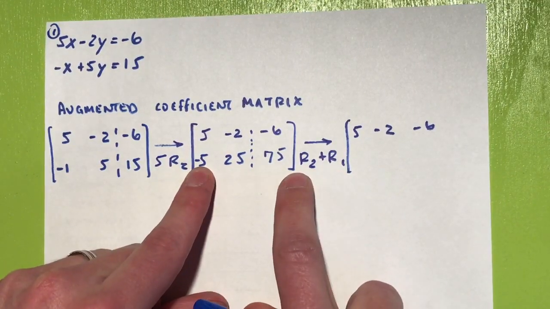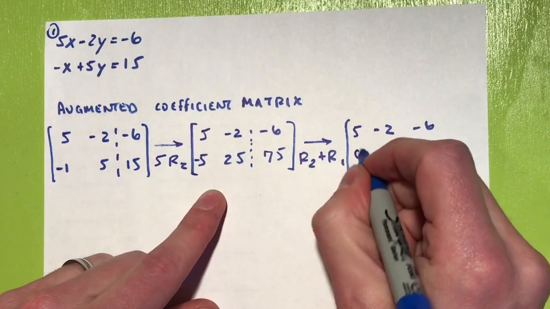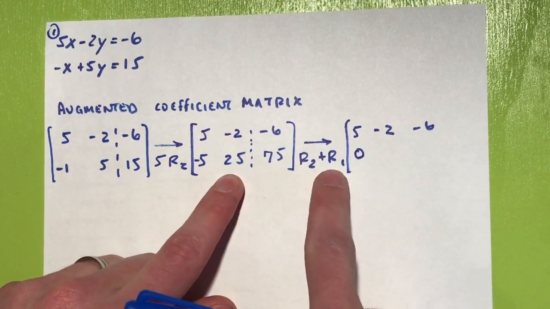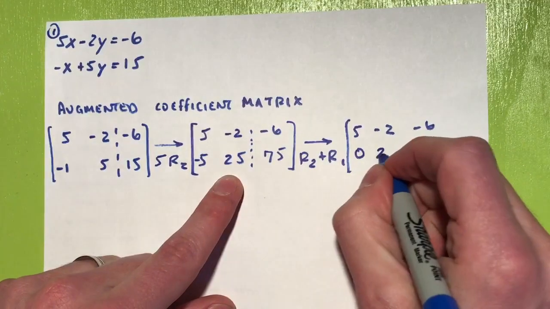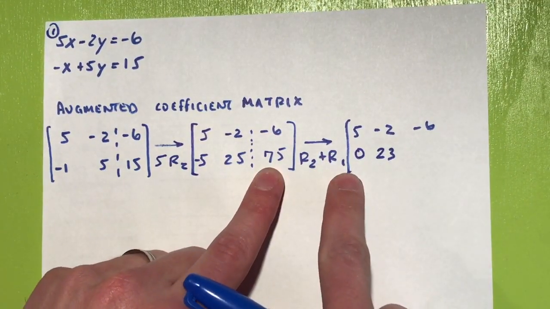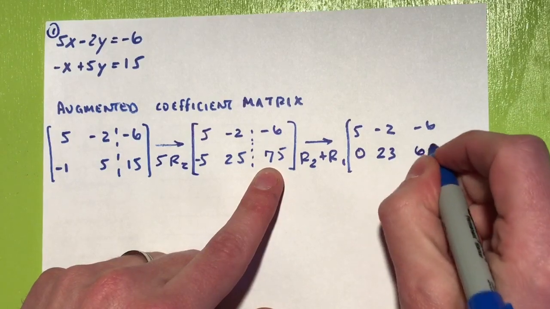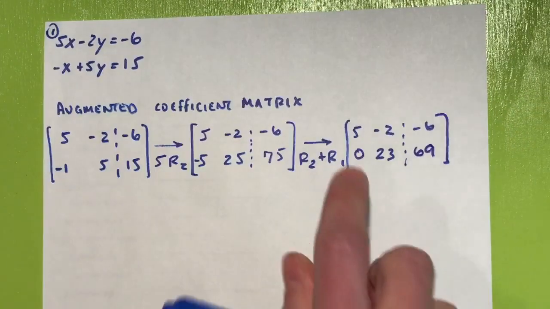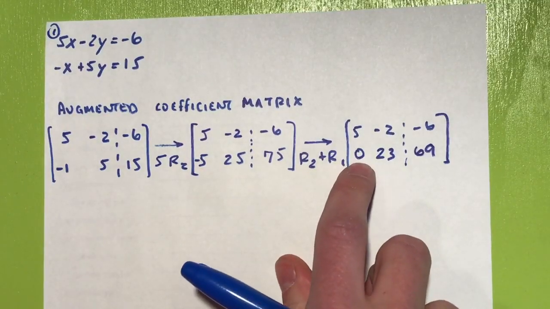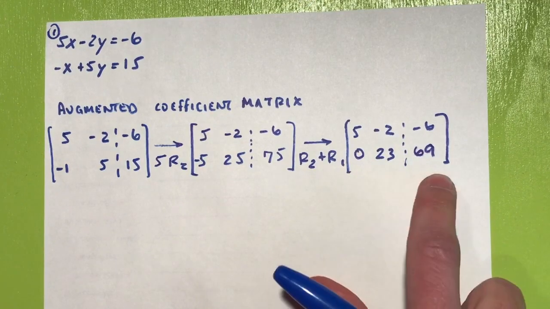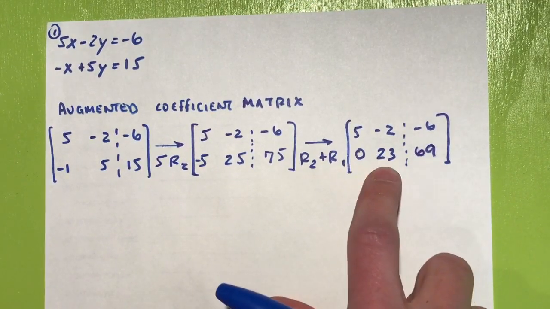So -5 plus 5 gets us a 0, which is what we wanted. 25 plus -2 gets us 23, and 75 plus -6 when we add row 1 gets us 69. I'm taking a step in the right direction because now I have a 0 in that place. I'm going to keep on working on row 2.